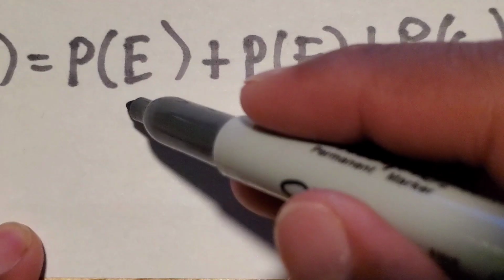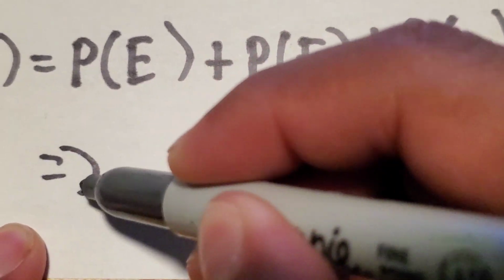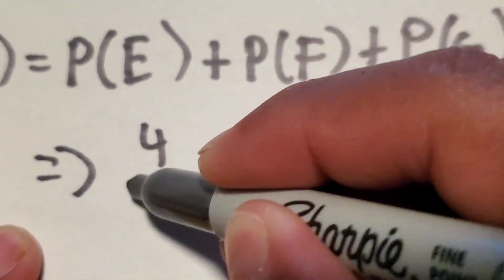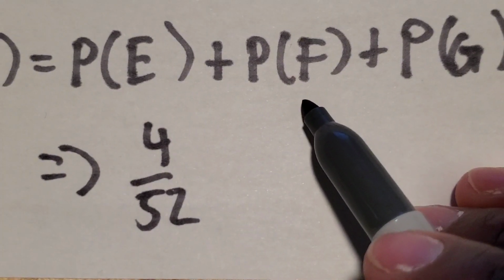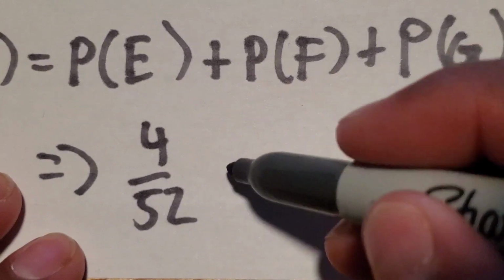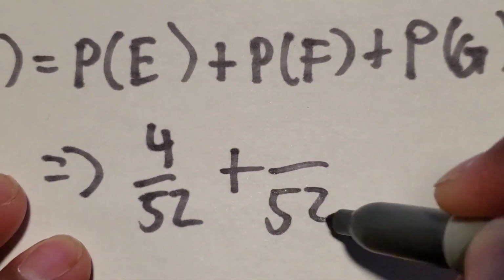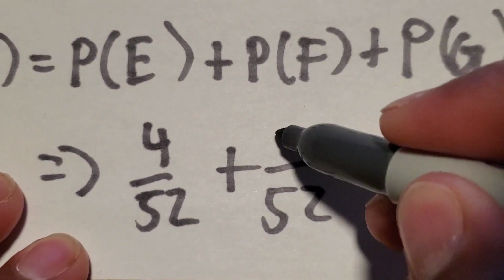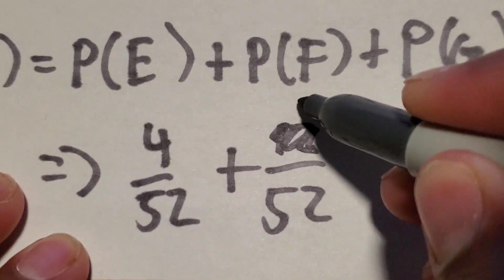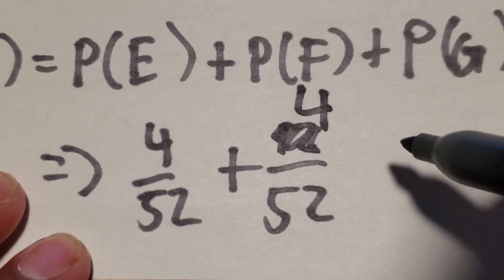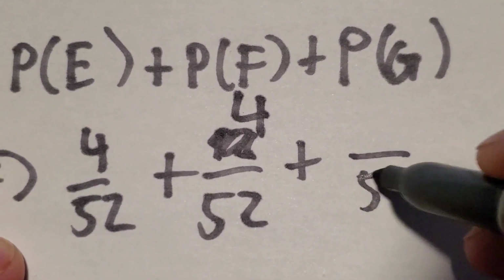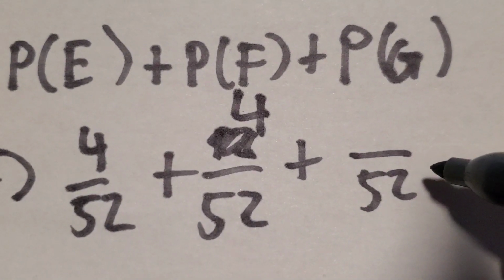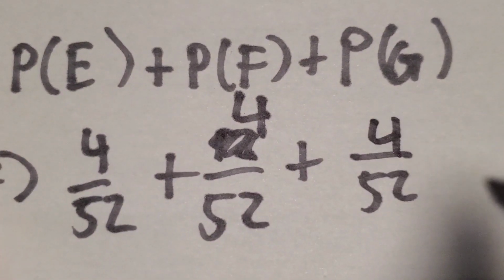Well, we just did the probability of drawing a king, and we know that gives us 4/52. But the probability of drawing a queen, well, again, how many cards are there? There's 52 cards, and out of those 52, how many of them are queens? There's 4 of them. Plus, again, out of 52 cards, how many of them are jacks? And it's also 4 of them.